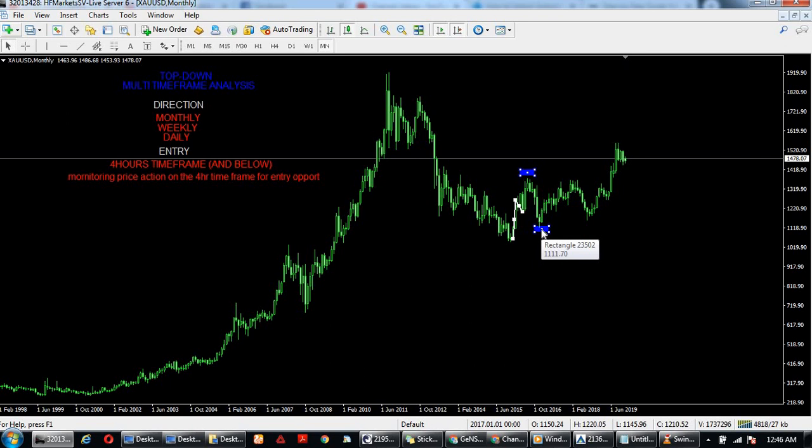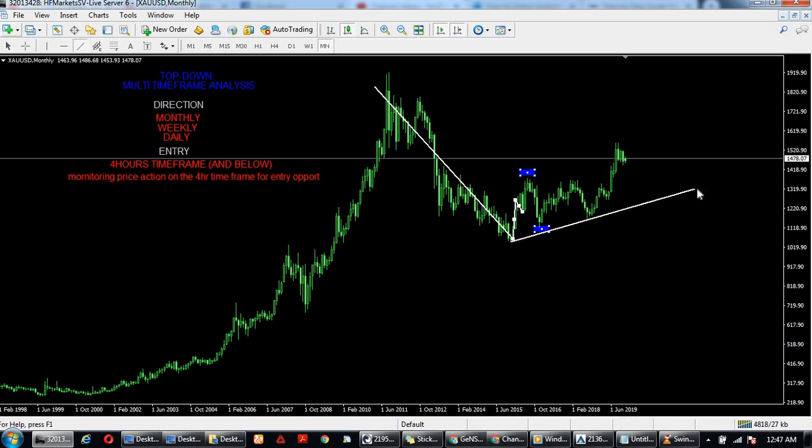But we can see that price is still giving us a low that is higher than our most recent invalidated swing low. So yes, we could say the trend shift from the downtrend to the uptrend is very much still intact.